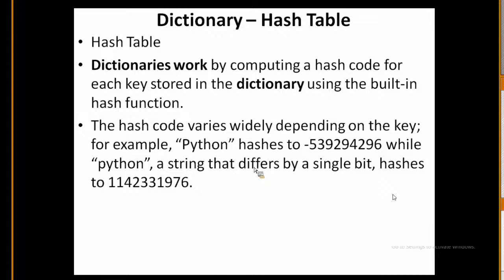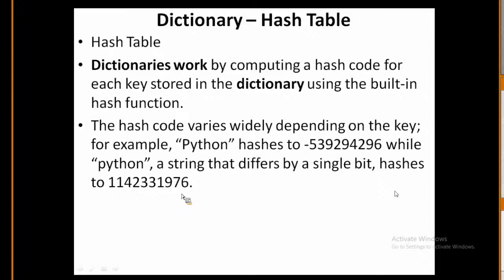For example, if you take Python language, as I told you, different languages have their own way of hashing. In Python, if you are looking for the keyword Python with capital P, the hash value corresponds to this huge number. But the same Python with a small p, though the spellings are the same, is going to result into some different number.